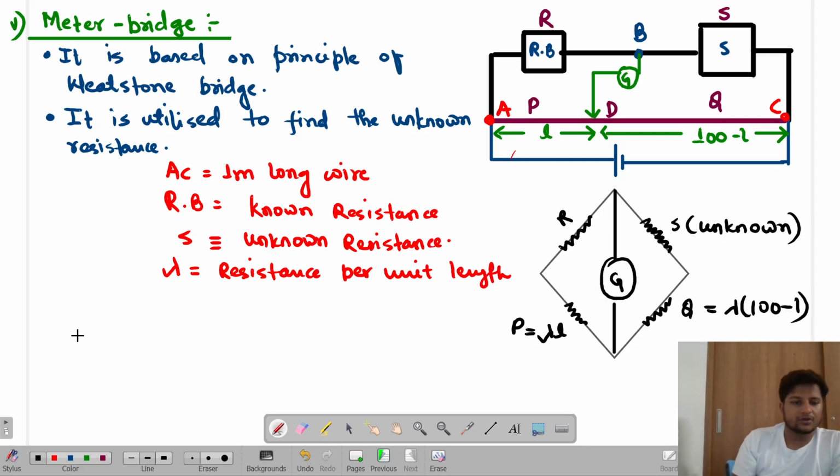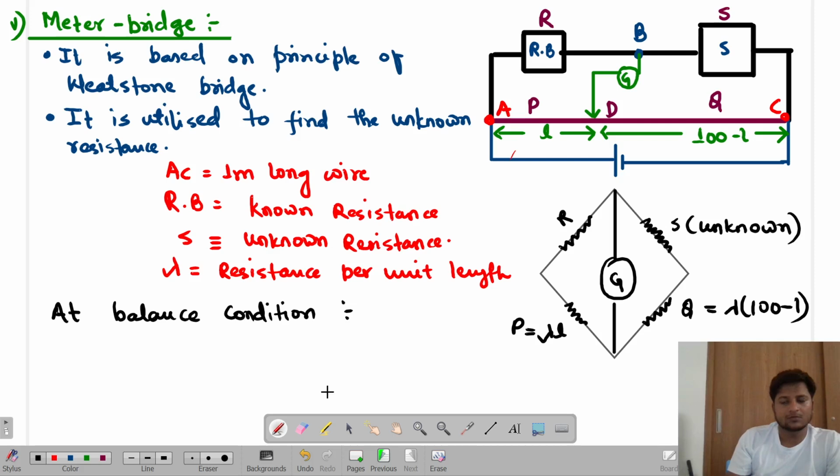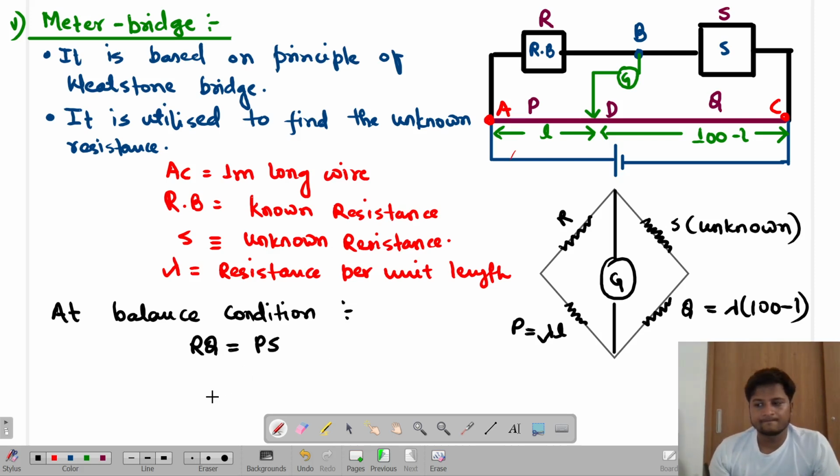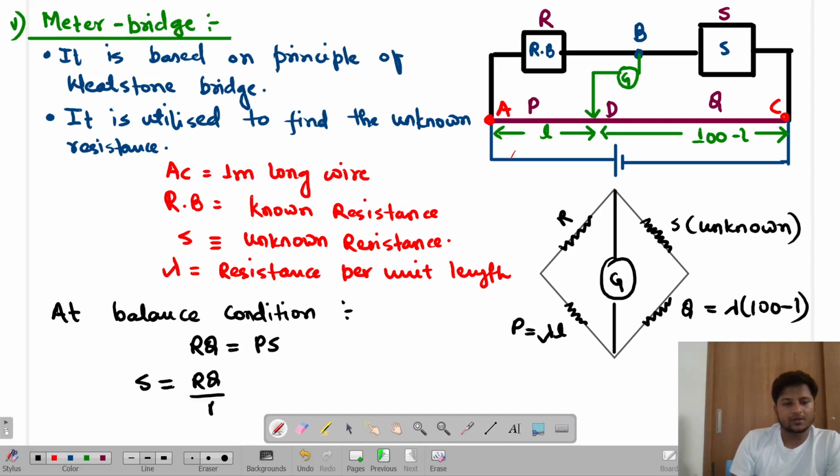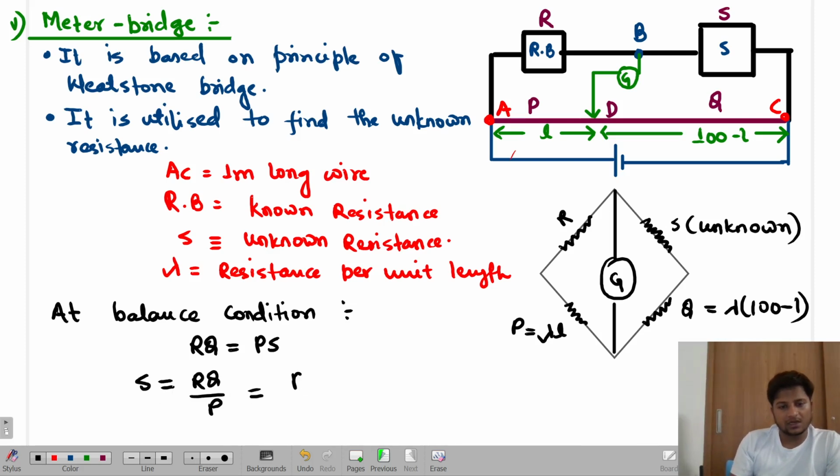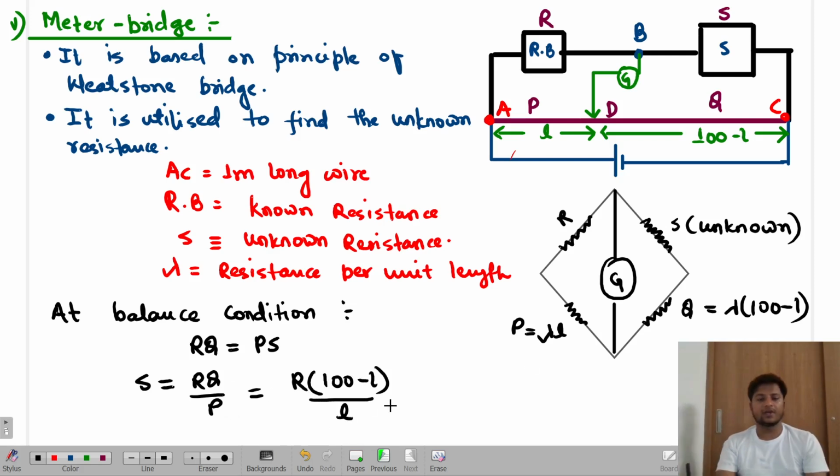Then at the balance condition, we know that R into Q is equal to P into S. So basically, unknown resistance S will be equal to R into Q by P. R is given, Q is lambda into 100 minus L, lambda will get cancelled, so 100 minus L divided by P. P is L, where L is in centimeters.